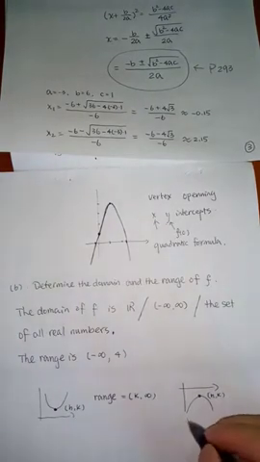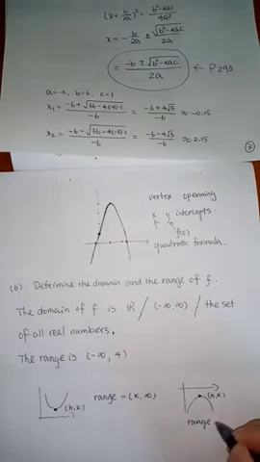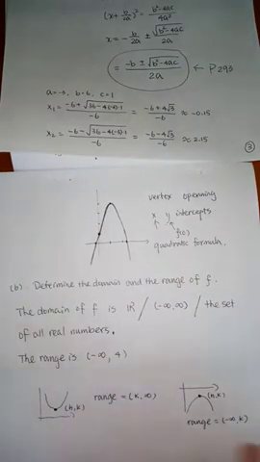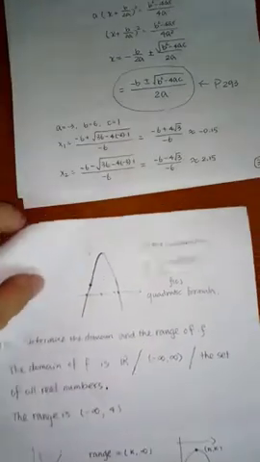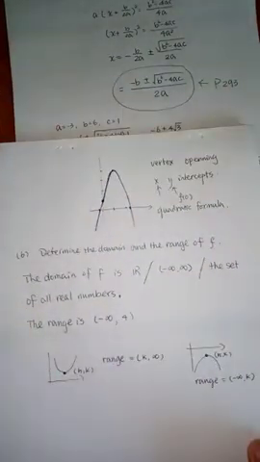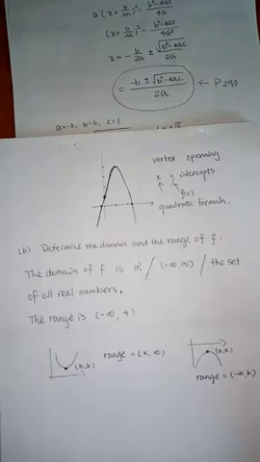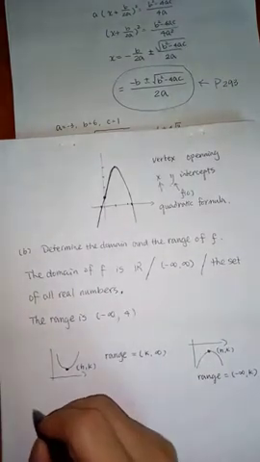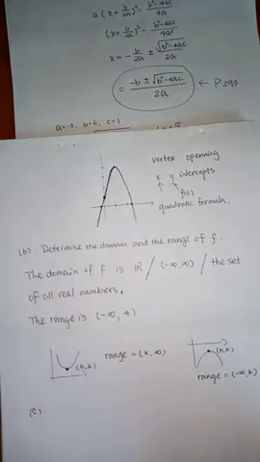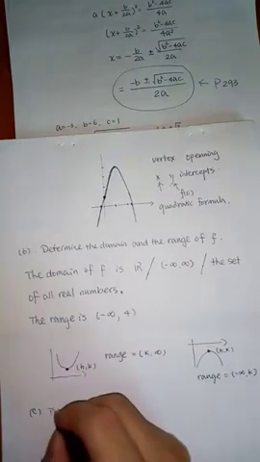Then the range is from negative infinity to k. And for both cases, the domain is always the set of all real numbers. Okay, and that's the domain, the range, and the monotonicity, the increasing, decreasing.